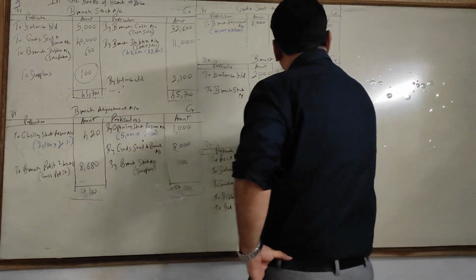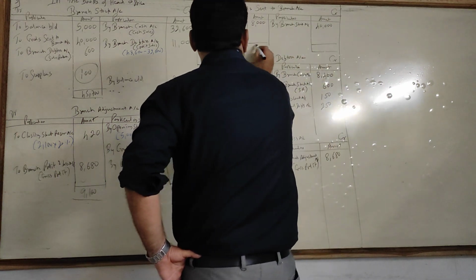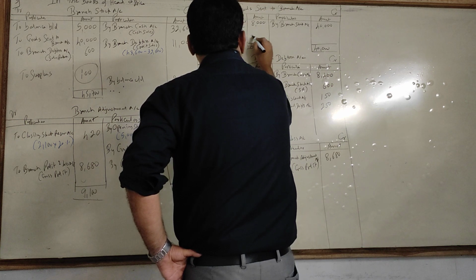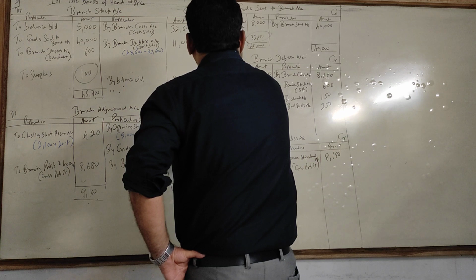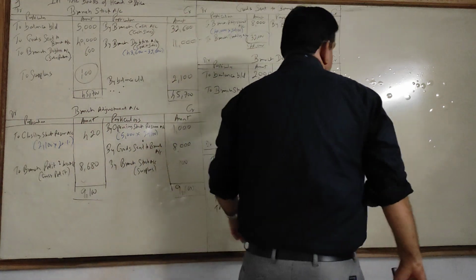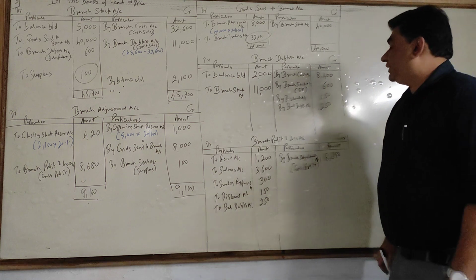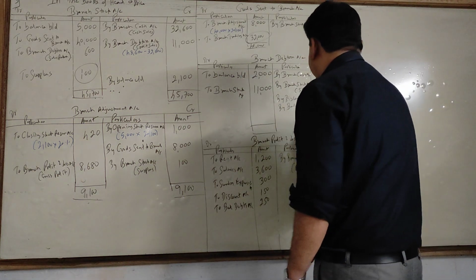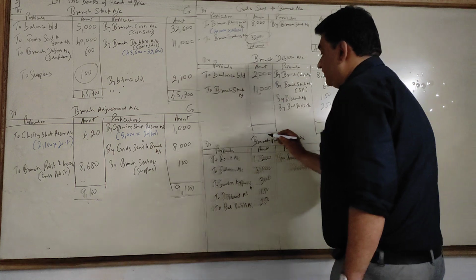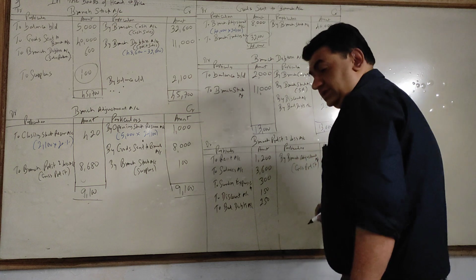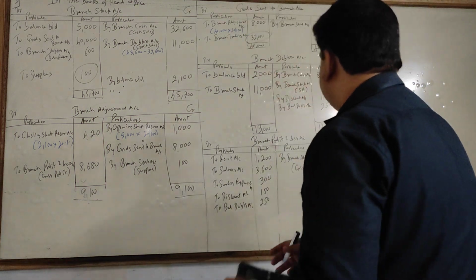Okay, next. This we know very well. Close goods sent to branch, and its difference will go to trading account. So against that, to branch trading account. Now look, debtors closing balance is not given. So the difference will be on the credit side. That will be your closing balance.